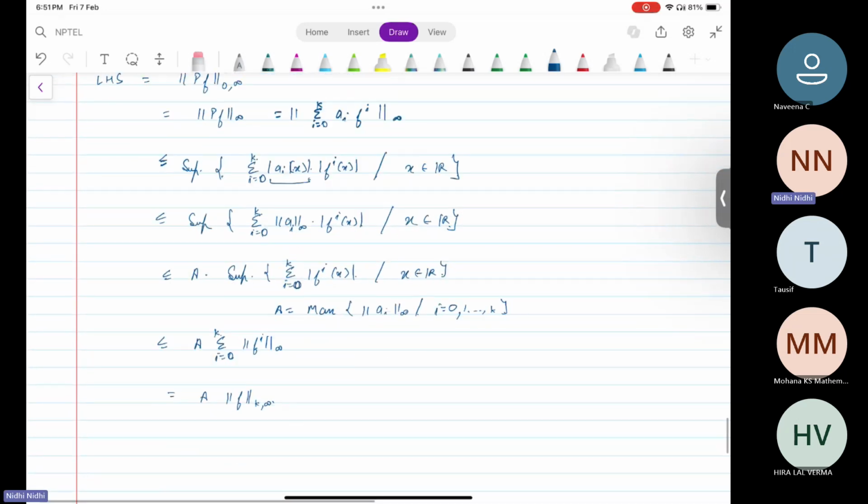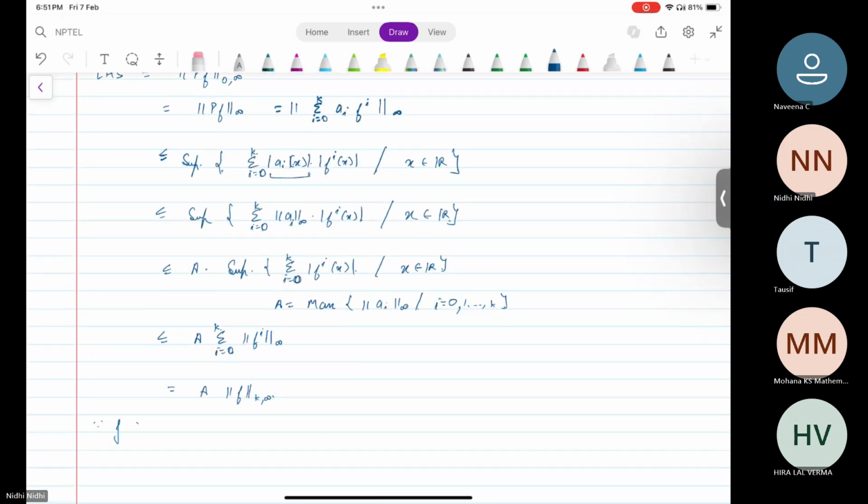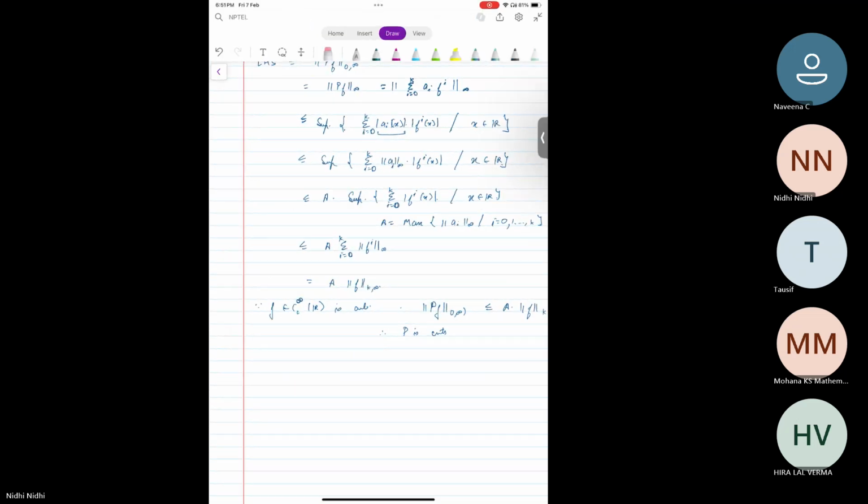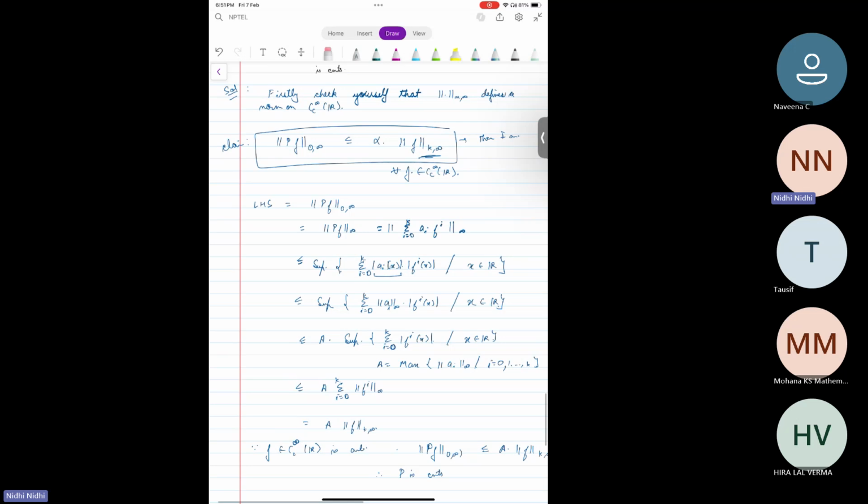Since f belonging to Cc infinity R is arbitrary, we get that the 0 infinity norm of Pf is less than or equal to some A times the K infinity norm of f. Therefore, P is continuous on Cc infinity R. So is this fine?